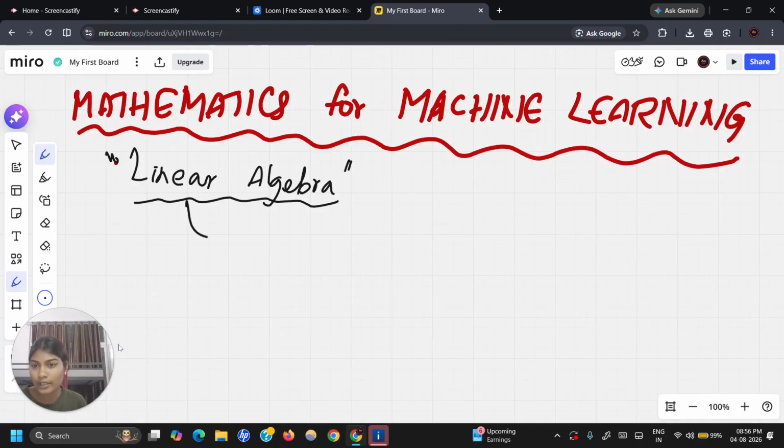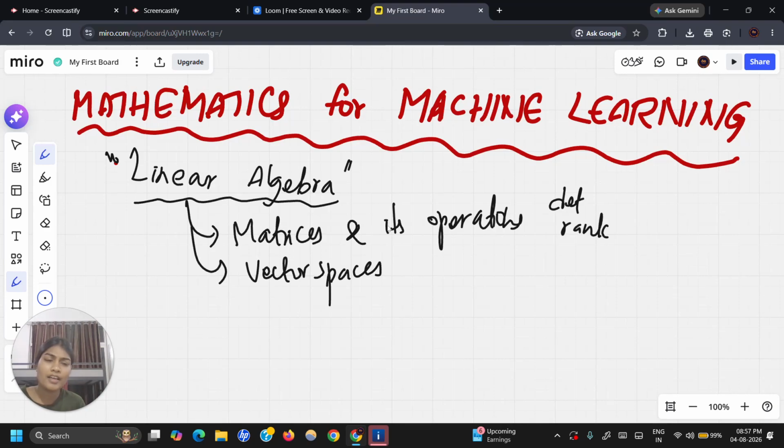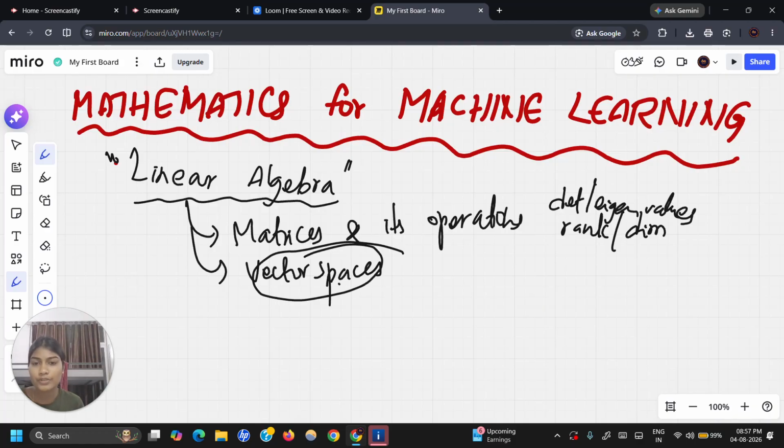We usually deal with matrices, vector spaces, and their operations like finding determinant, rank, or dimension, finding eigenvalues and eigenvectors, and everything else. First of all, let me start with vector spaces.